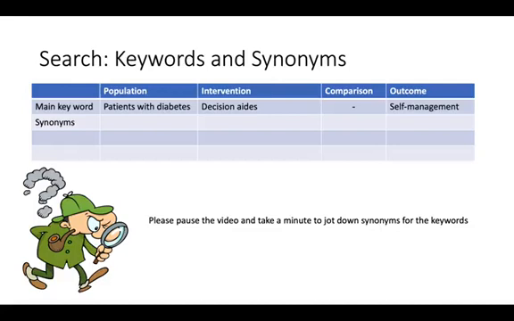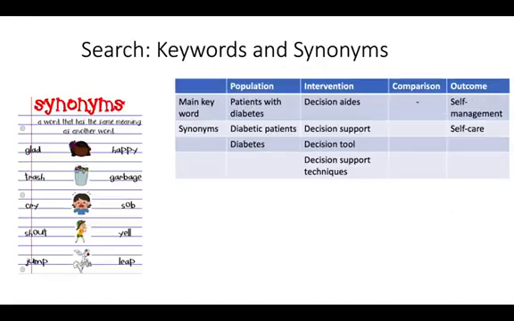What I want to do before I go into the literature, if I know ahead of time, is maybe come up with some synonyms for the P, the I, and the O that I have up here. So pause the video and take a minute to jot down some synonyms. And if you struggle with this, a little trick is to search first with, let's say, the P and the I and see what you get, and then look at how the articles or the citations that you get are indexed.